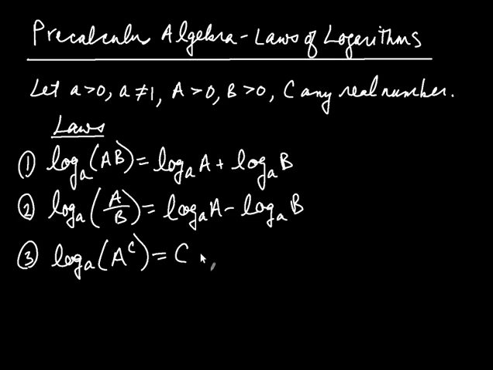So that's equal to C times log base a of A. Okay, so a log brings that C down as a coefficient. Let's go ahead and prove the first law, and then we'll go ahead and see how these laws are useful.